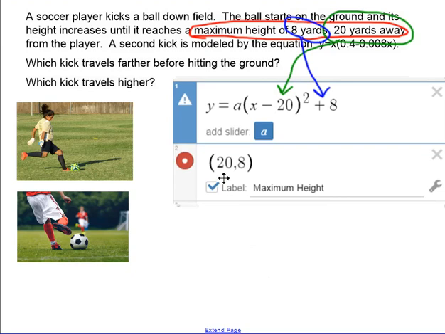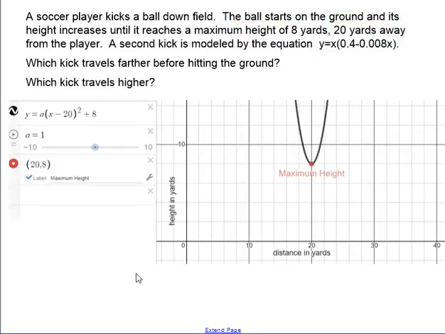So that's going to reduce it so that I only have one slider. Okay, so here I have my equation, y equals a times the quantity x minus 20 all squared plus 8, and one slider. I can tell that when a is 1, the parabola opens up because a is positive.